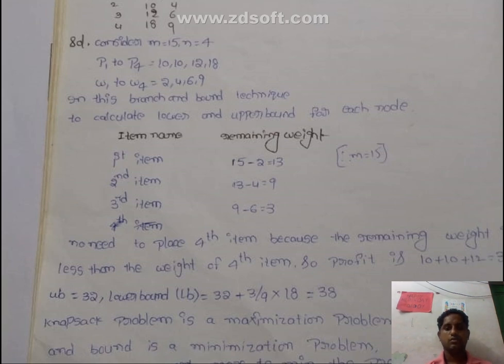Okay, so the profit is: the three weights' corresponding profits are 10 plus 10 plus 12, that equals 32.